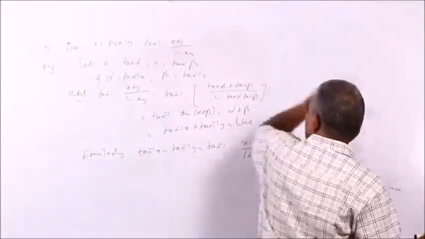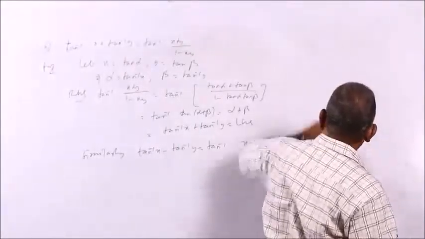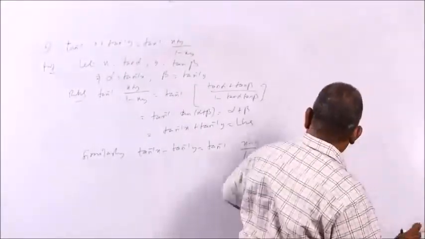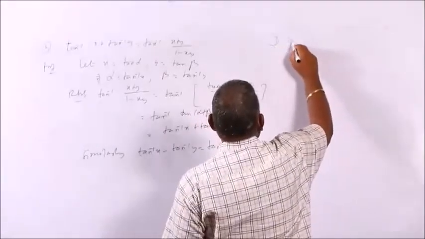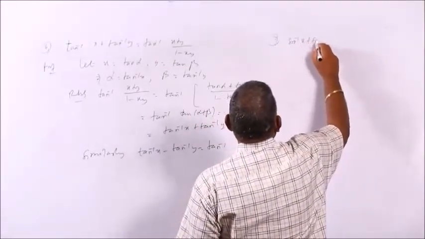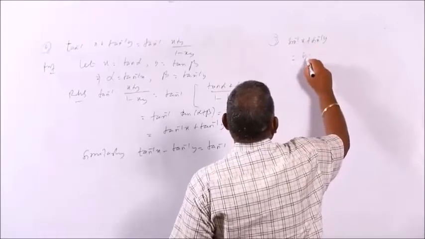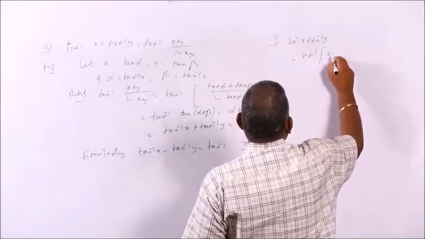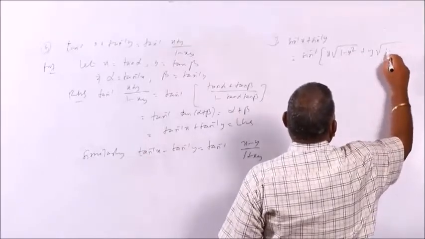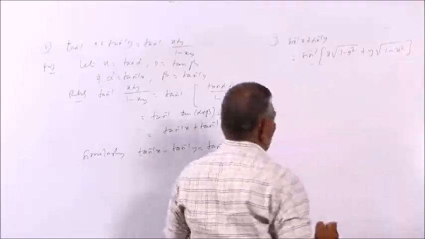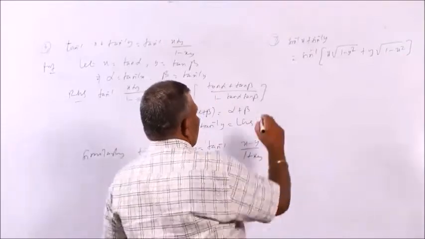Next property is sin inverse x plus sin inverse y equals sin inverse x into root over of 1 minus y square plus y into root over of 1 minus x square. Proof.